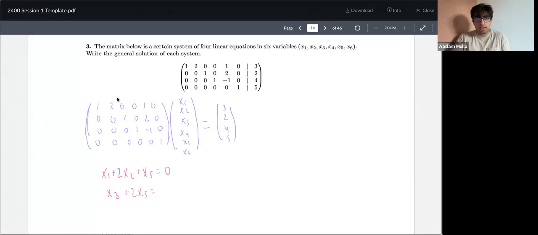My bad, because this row times this column is going to equal this guy right here, not 0. So this should be equals 3. Then x3 plus 2x5 equals 2. Then x4 minus x5 equals 4, and then x6 equals 5.